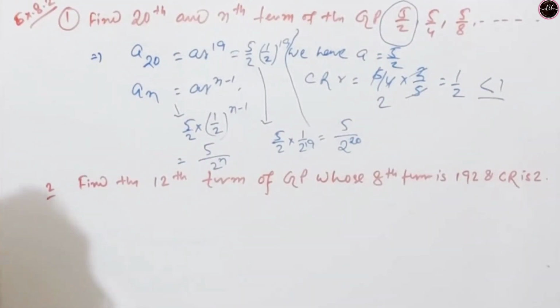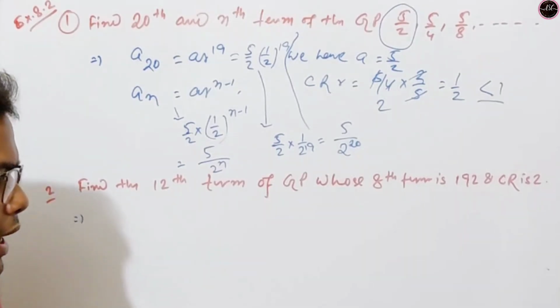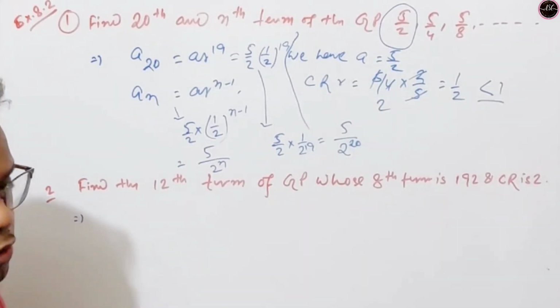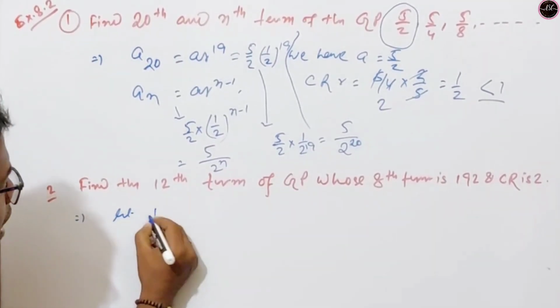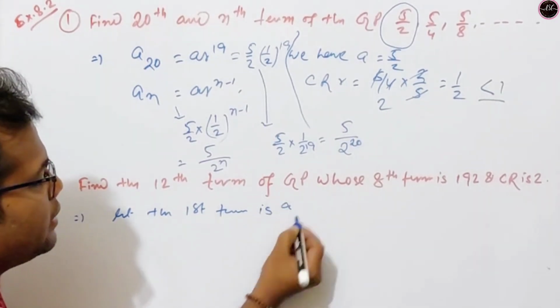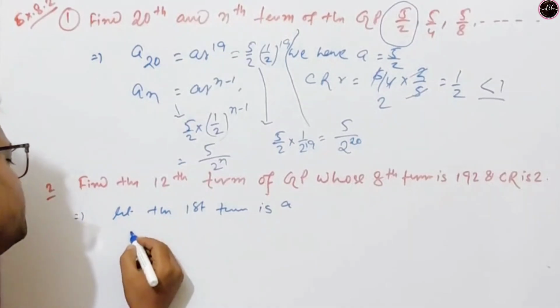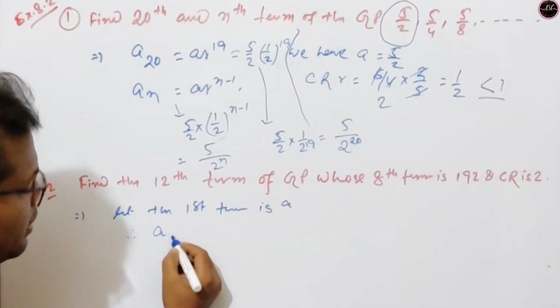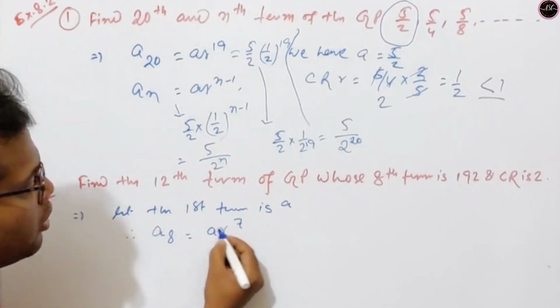Now, find the 12th term of the GP whose 8th term is 192 and common ratio is 2. Here let the first term be A. The 8th term, that means A8 equals A r to the power 7, where r is the common ratio.